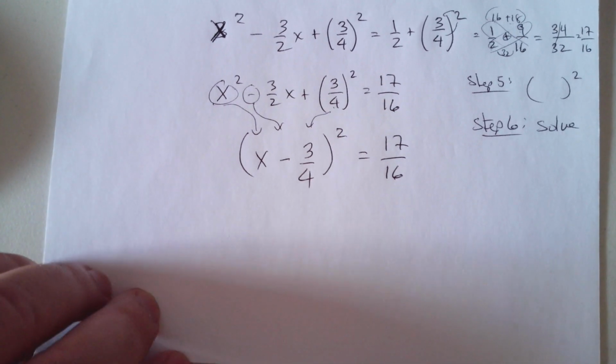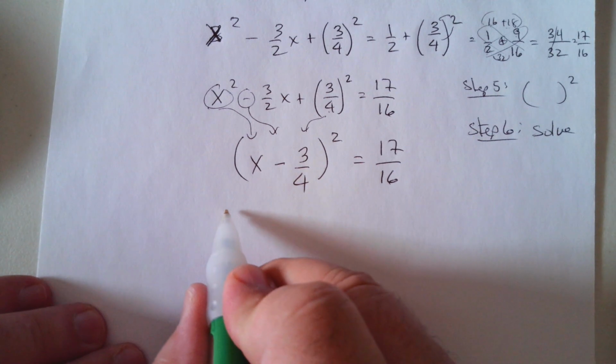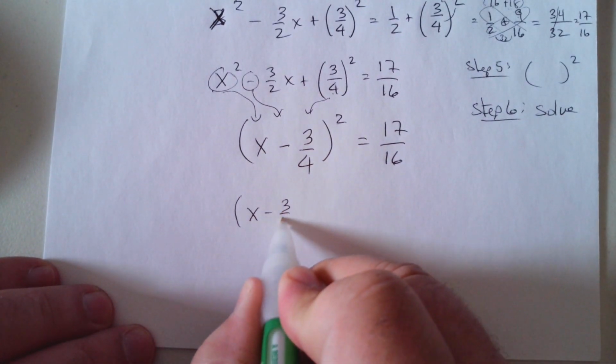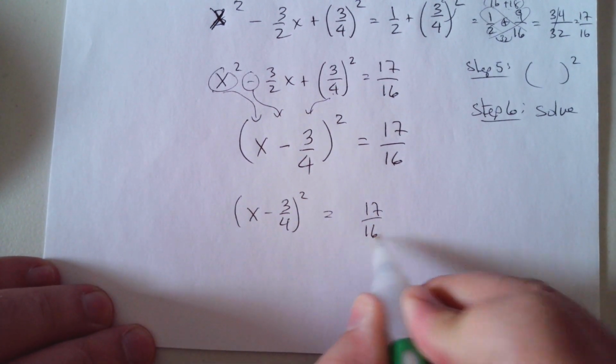Now step 6, solve. So we have x minus 3 over 4 squared equals 17 over 16.